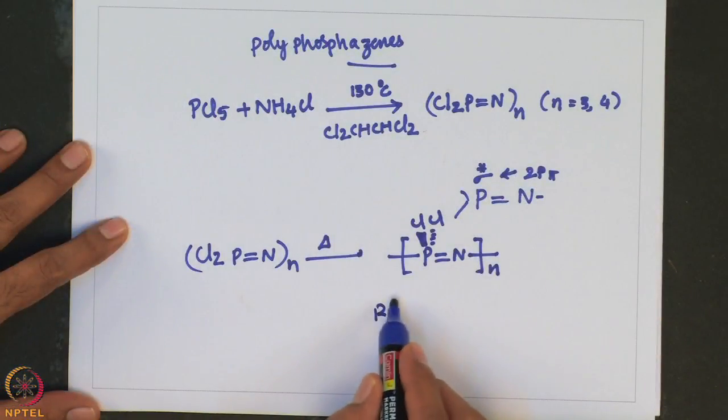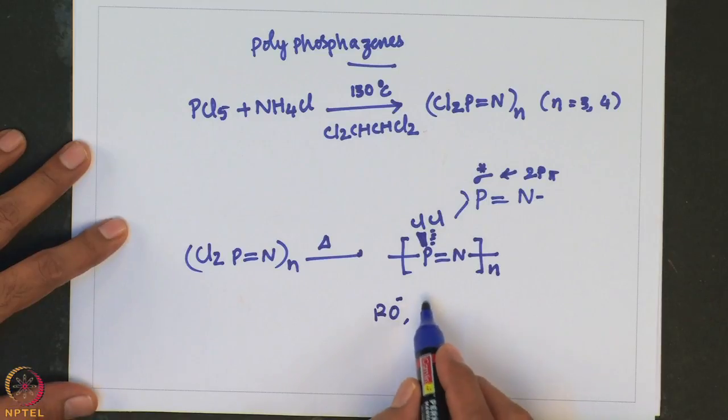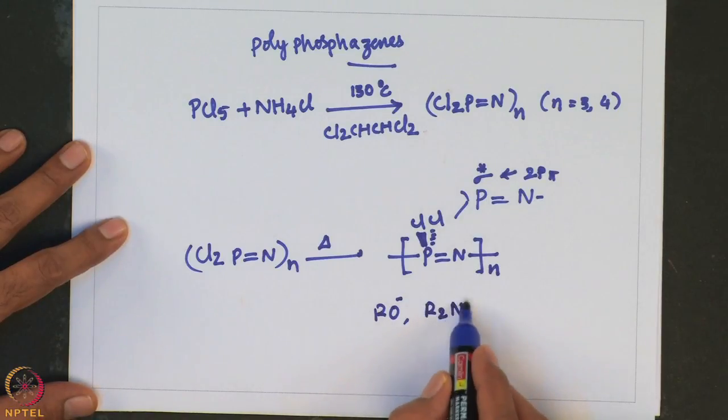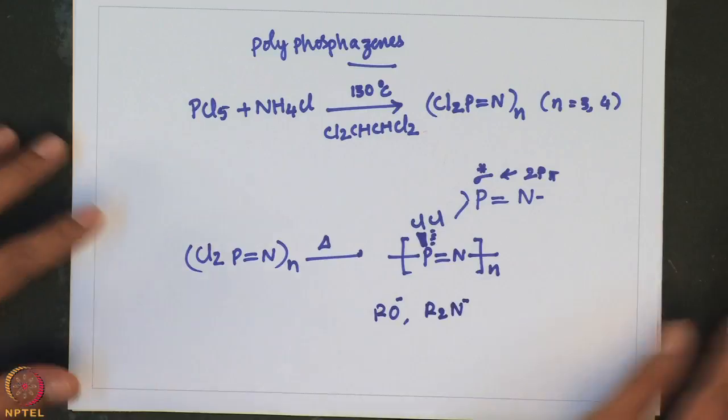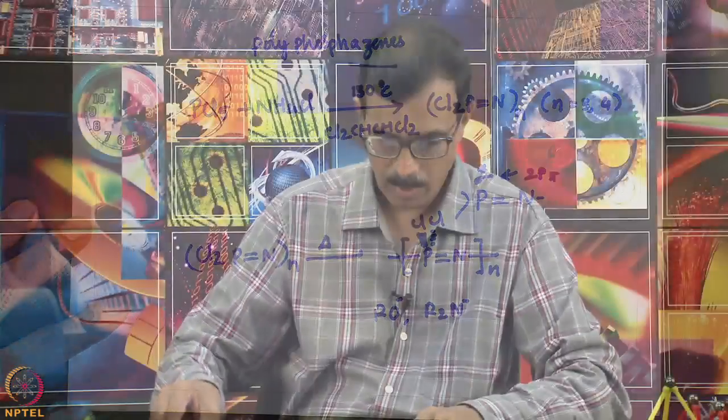The PCl bonds in this one are susceptible to hydrolysis, but one can perform a series of nucleophilic substitution reactions using OR minus or R2N groups, or a wide range of functional groups, to form stable polymers with a wide range of properties.